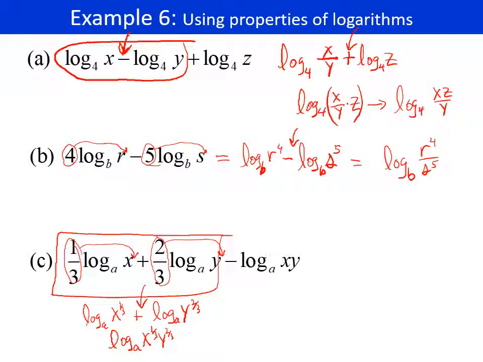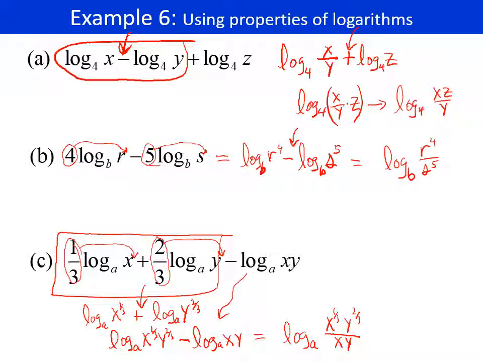Now, when we put that together with the log base a of xy, the minus says we can write them as one logarithm that's divided. The x to the 1/3 y to the 2/3 on top and the x y on bottom.